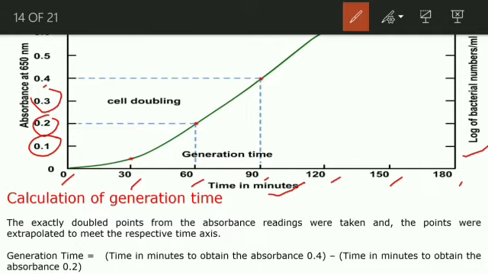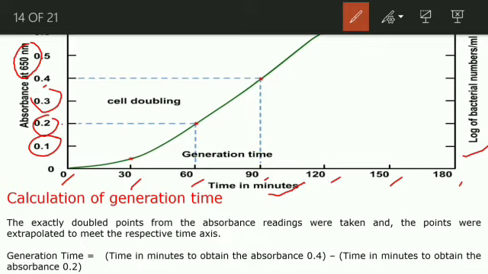These are optical density or absorbance. So it is a turbidimetric experiment. At 650 nanometers, by using a colorimeter, which measures the turbidity of the bacteria, we take the readings, that is 0.1, 0.2, these are the readings of the bacteria.